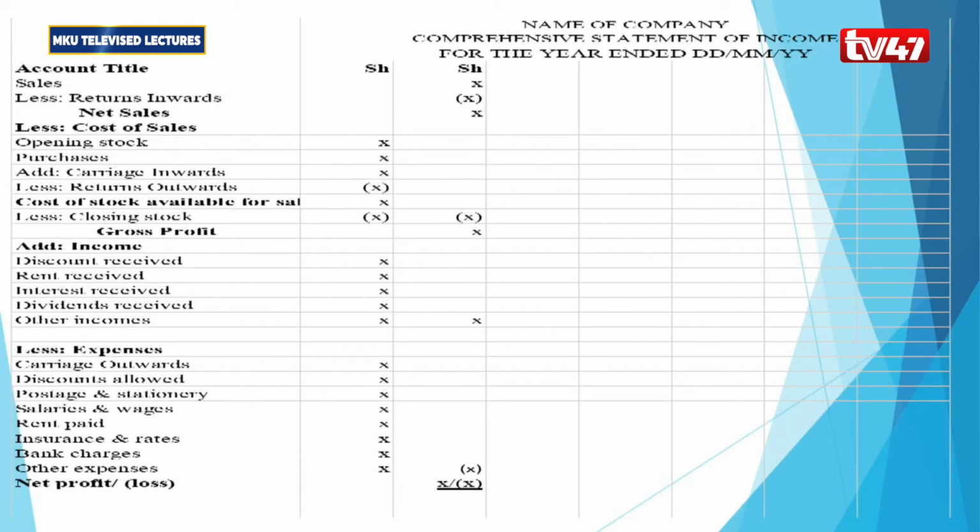So the same reasons that will make your customers have return inwards are more or less the same reasons as to why you as the business will return goods back to the source.